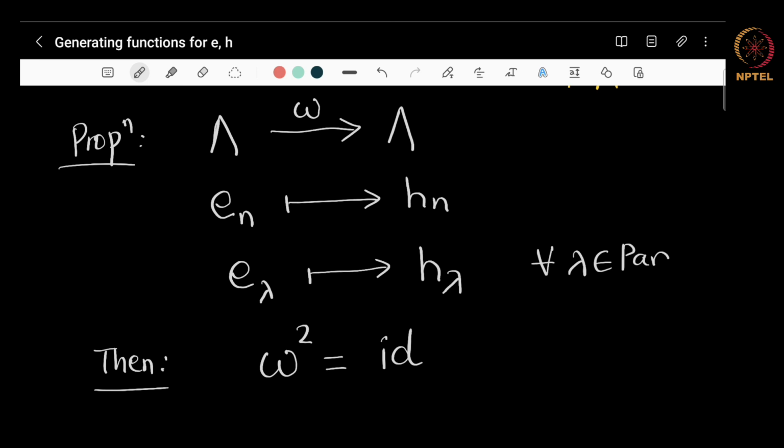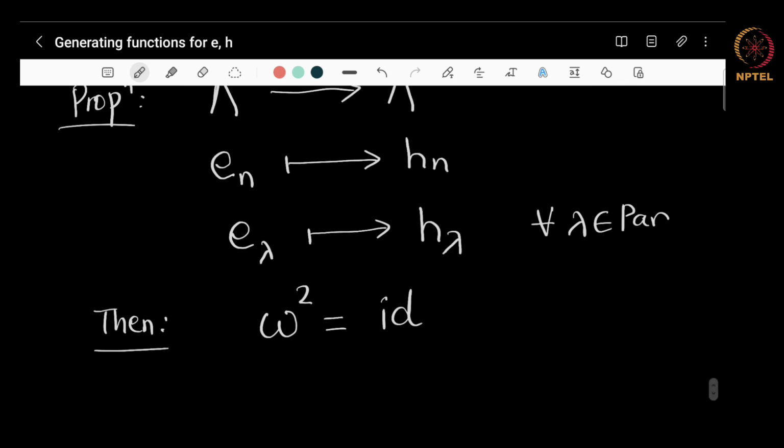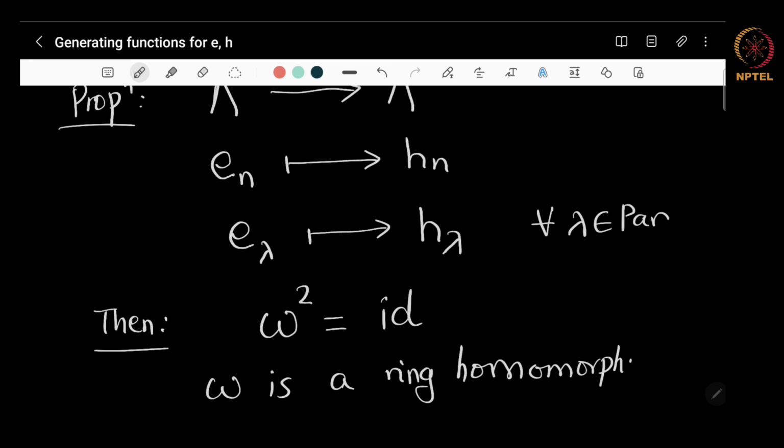So the consequence is that if you apply this map omega twice, it just gives you back the identity. Okay, and so this is clear from what we said already. And this map omega is an algebra homomorphism, a ring homomorphism if you wish, again more or less by definition.